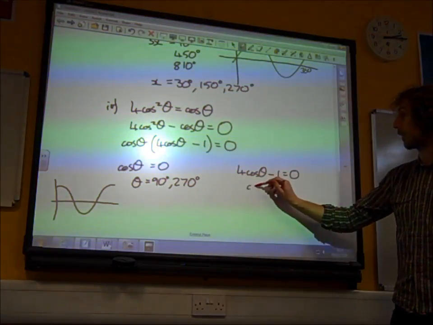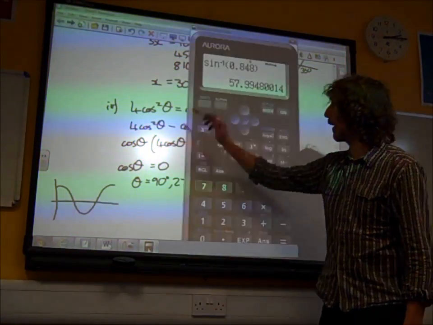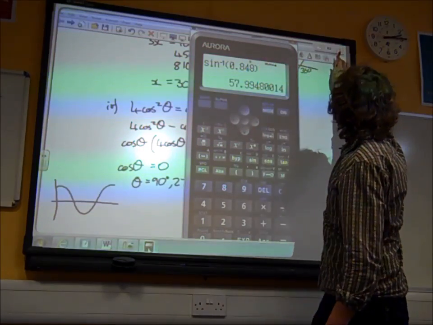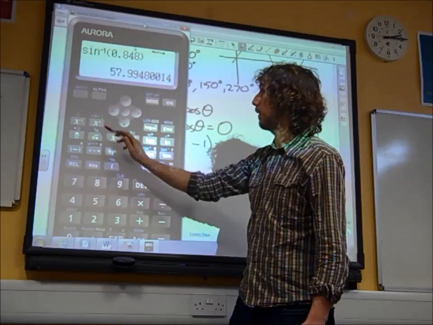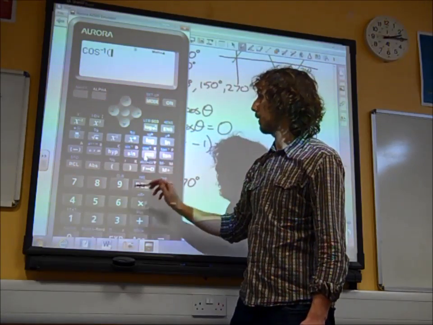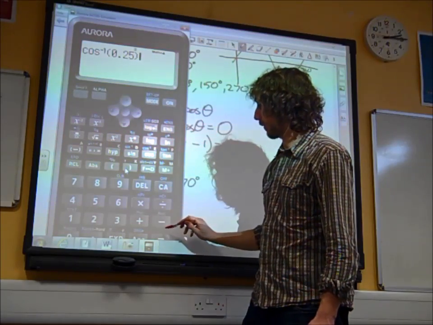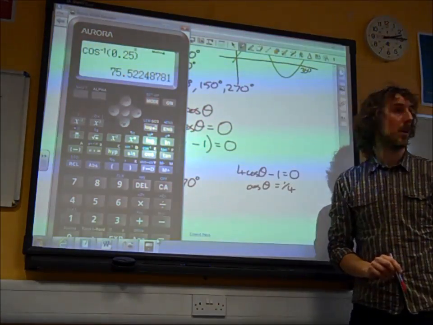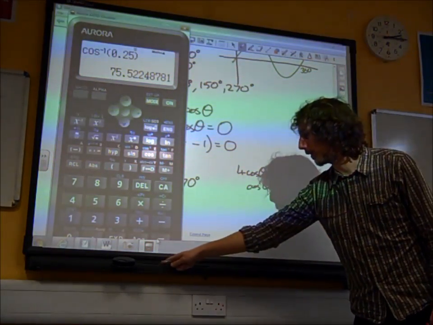And this one gives us cos theta is a quarter, which again we need to go back to our calculator and do inverse cos of a quarter, which gives us 75.5 degrees.